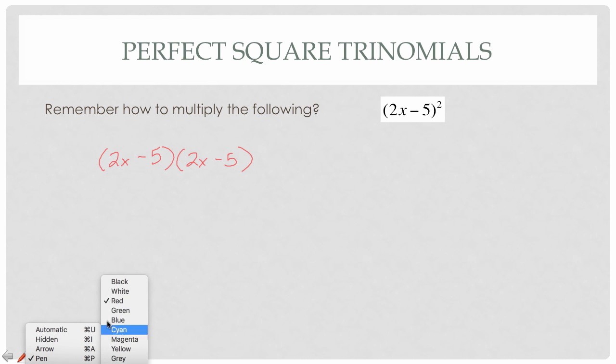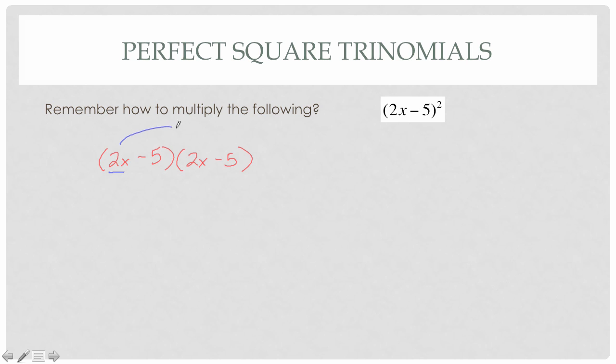Well, by multiplying binomials, we've seen how to use the distributive property. Each term in one polynomial has to multiply each term in the other. So this 2x term has to multiply this 2x term. We've got 2x times 2x, plus this term also then has to multiply the other term, the negative 5 term.